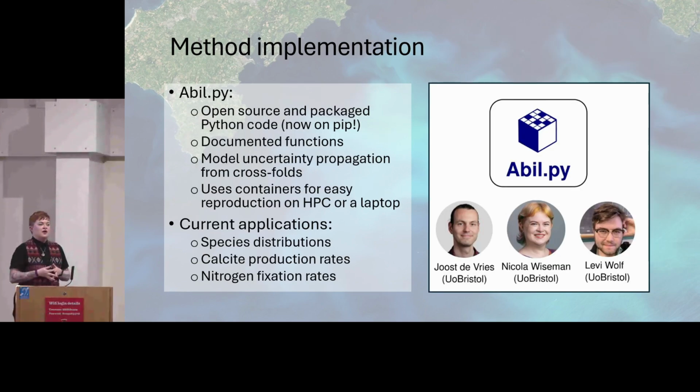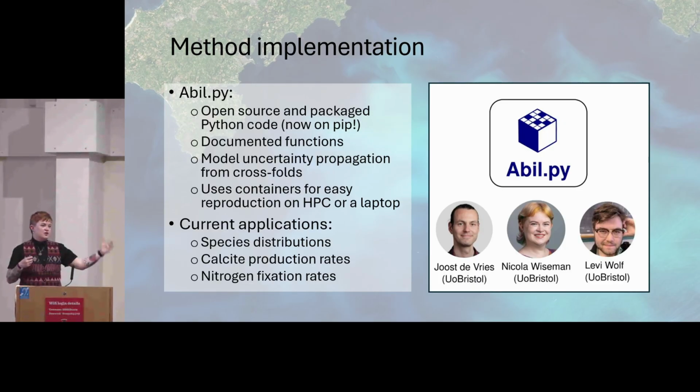So I've primarily been working on the method implementation to create a Python package called able.py, which is an open source and packaged Python code that allows you to take these sparse ocean measurements and create these globally interpolated products.